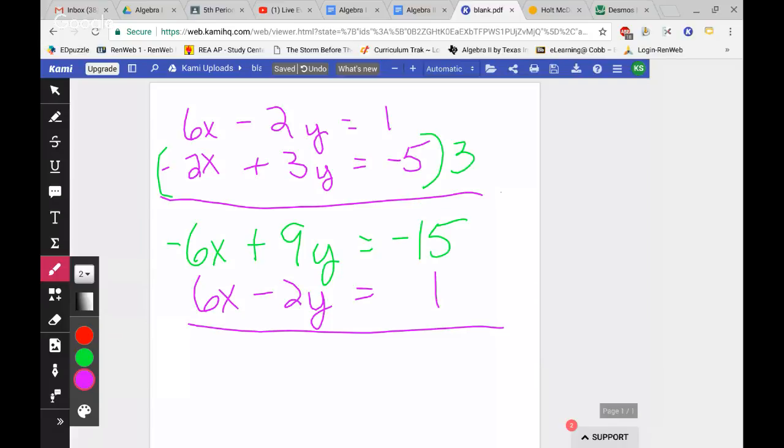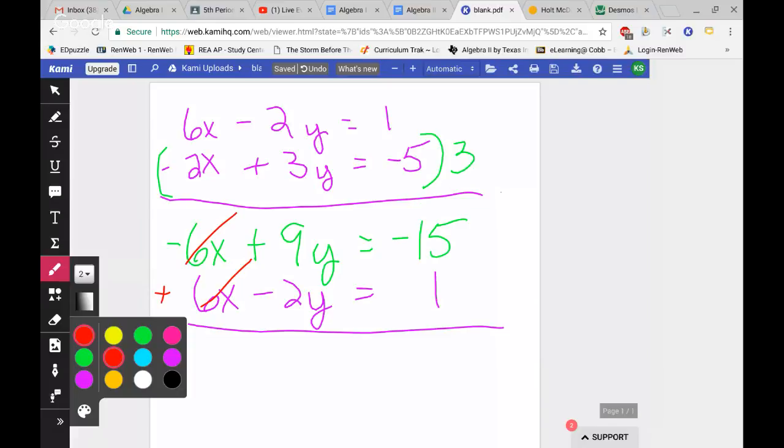So -6x plus a +6x cancels those two out. 9y plus a -2y gives me a 7y.